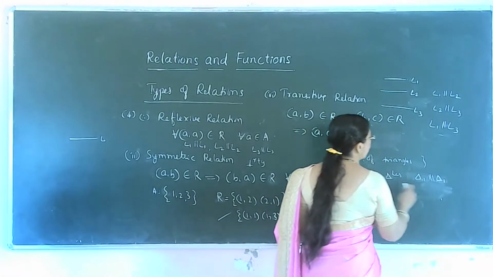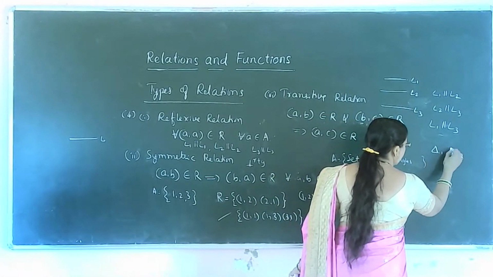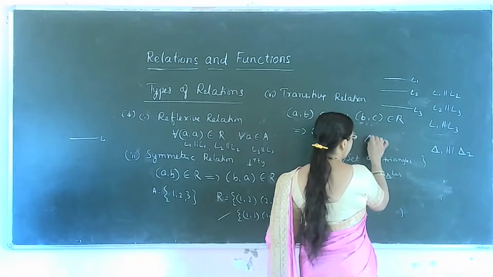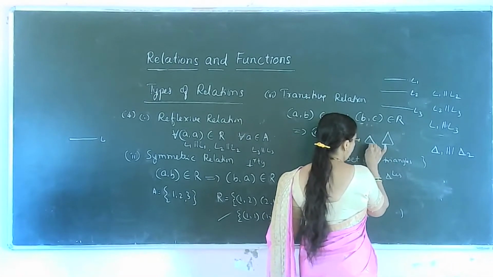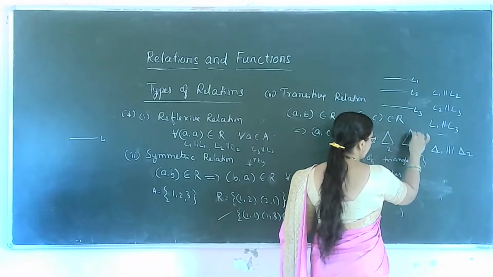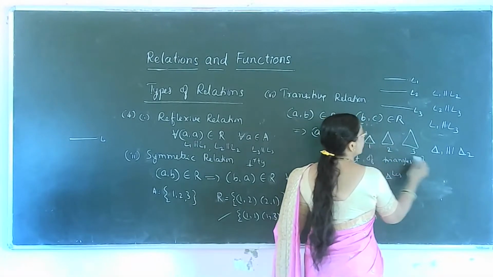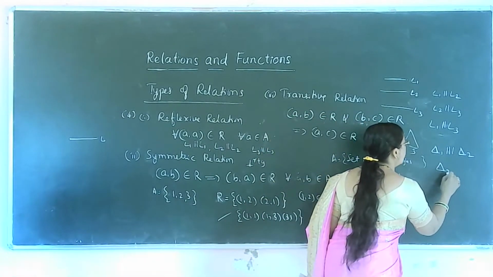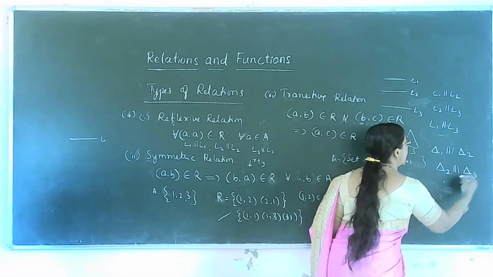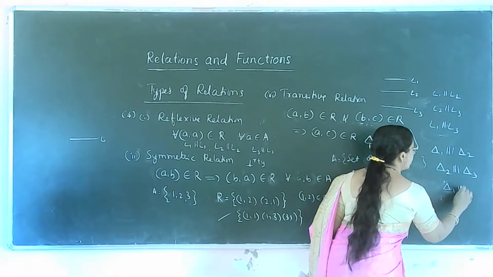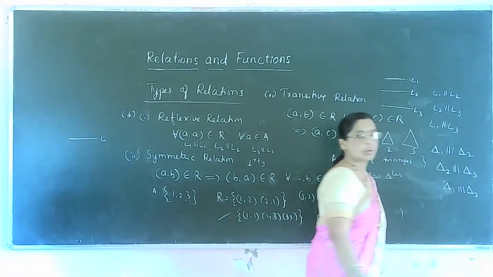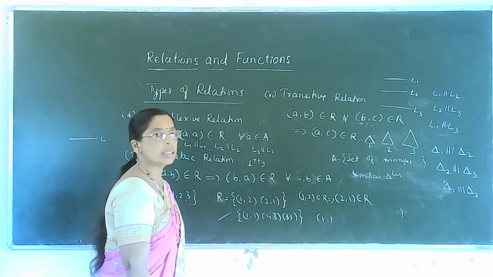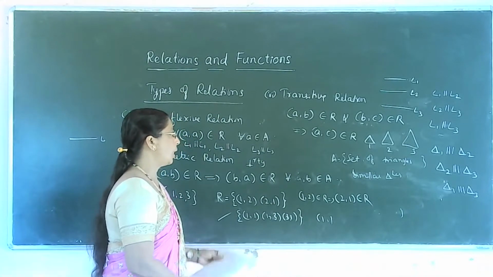Here we discuss about the transformation. Triangle 1 is similar to triangle 2, and triangle 2 is similar to triangle 3. Then triangle 1 is similar to triangle 3 also. Therefore, similar triangles is also a transitive relation.